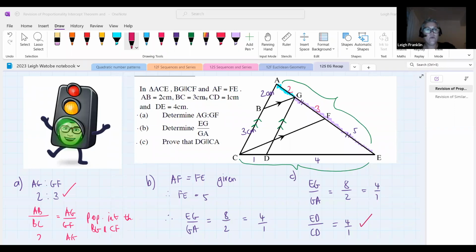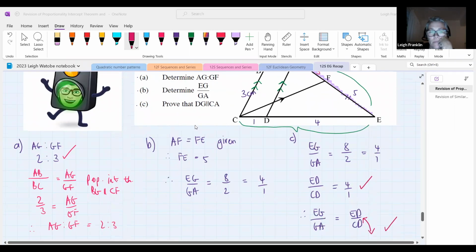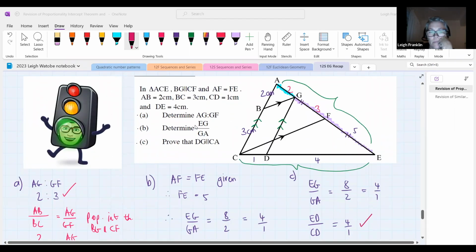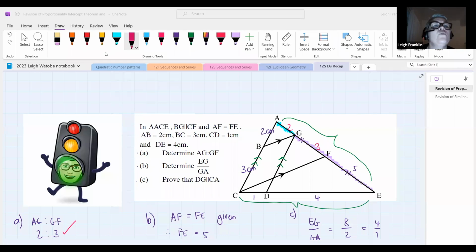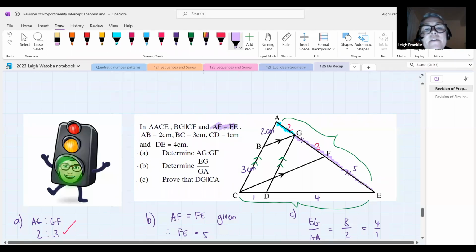Any other questions? How are we feeling about converse proportionality intercept theorem? Oh, Zwanaka, my apologies. I didn't see your hand up. Do you want to ask a question? Ma'am, for B, how exactly did you get number 5 for FE? Okay, so Zwanaka, up here in the information for the question, do you see it tells us that AF and FE are equal?